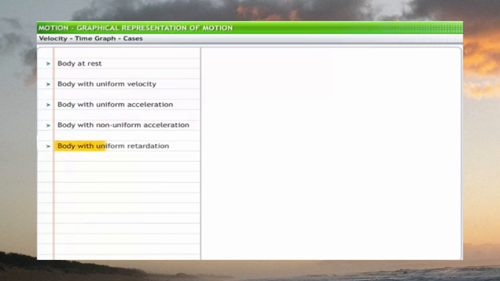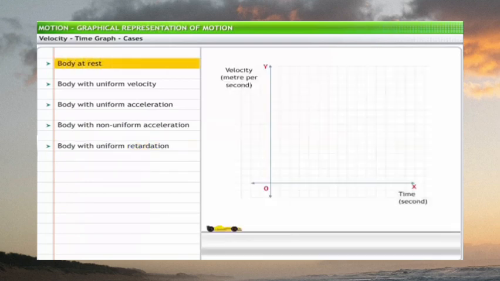And body with uniform retardation. The displacement is 0 for a body at rest, and hence the velocity is also 0. A velocity time graph plotted for a body at rest displays a straight line along the x-axis.